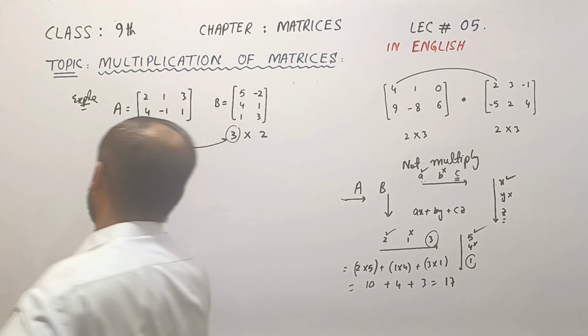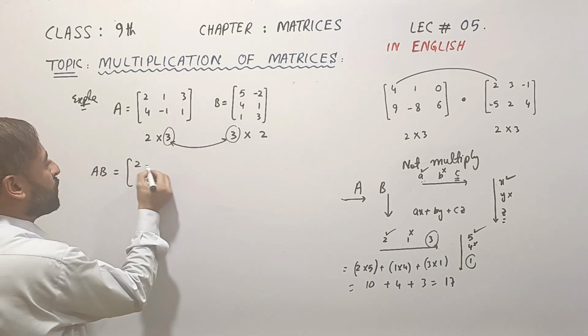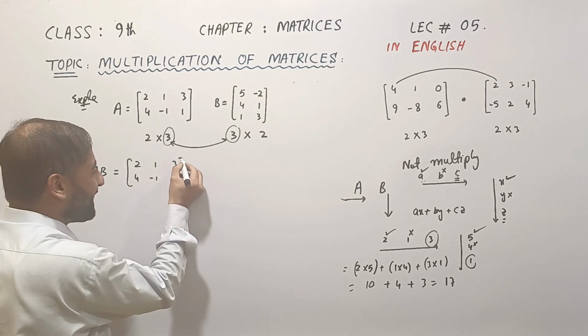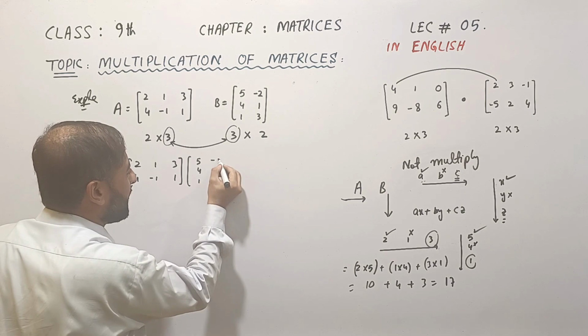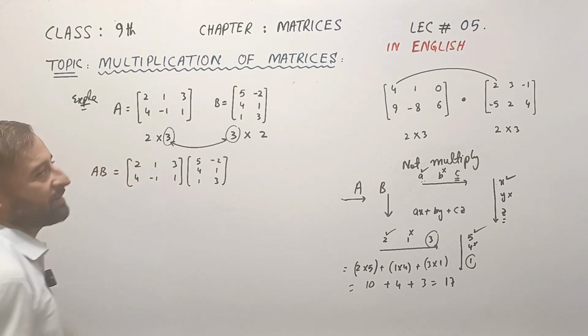The result will be 17. So students, multiplication of matrices is defined in this way: multiplication of all the rows with all the columns turn by turn.